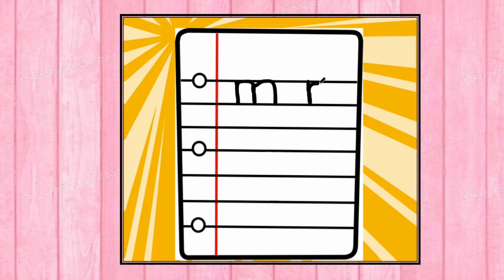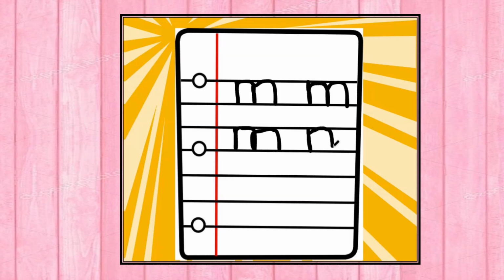Go down, go up, turn, come down again, go up, and turn, come down again. M. The letter name is M.